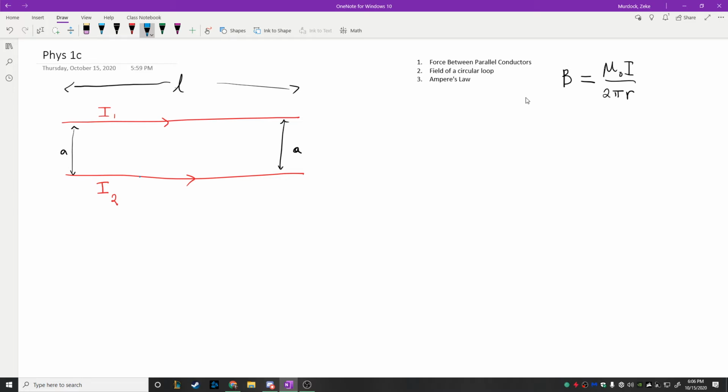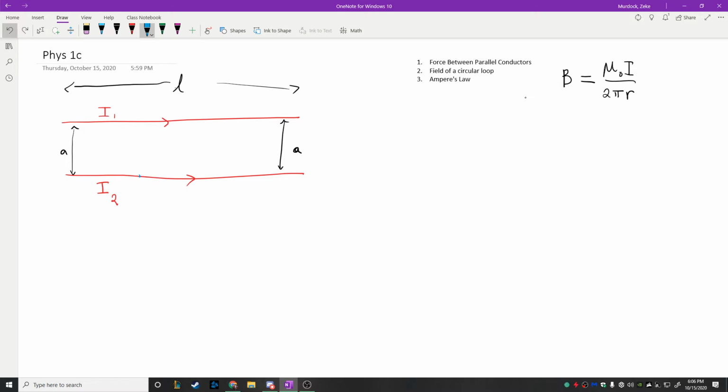One person says out. What does everybody else think? What direction does the magnetic field of the upper wire at this point right here, is it going to be coming out of the board or is it going into the board? Okay, a few people are saying in now.